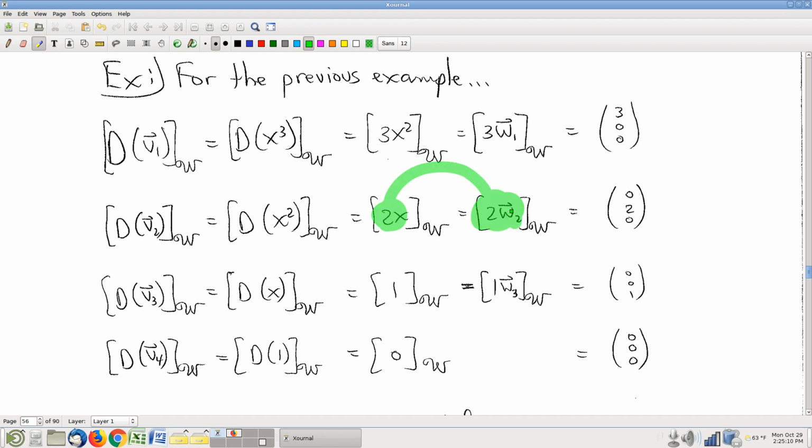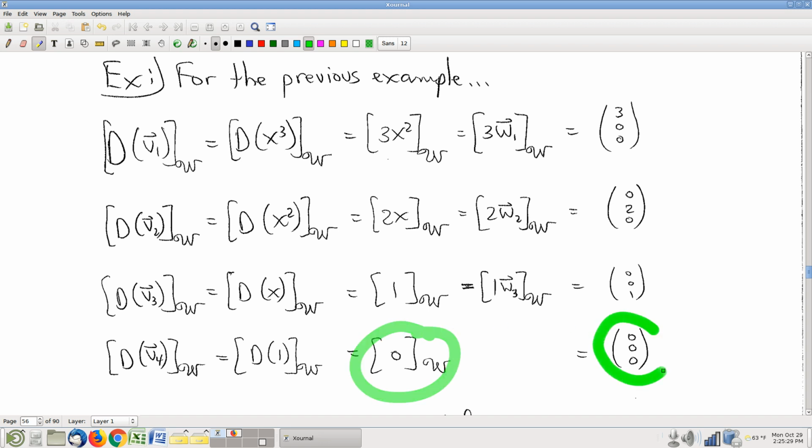How do I write that in terms of W1, W2, and W3? Well, that's 0 W1 plus 2 W2, which you can see right there, plus 0 W3, etc. on down the line. Notice the freebie, 0, always has coordinates 0. That's free and easy. Okay.